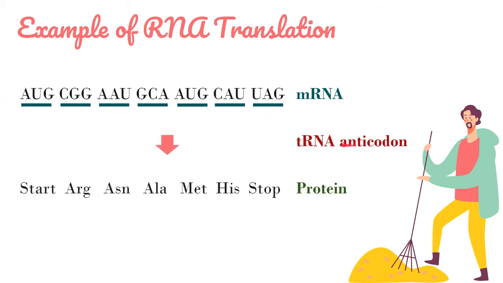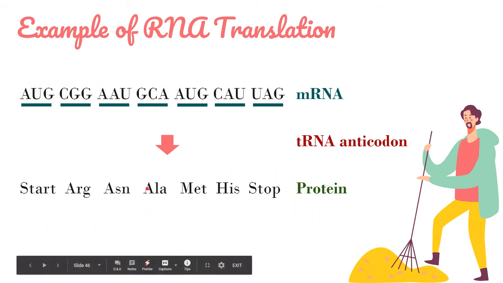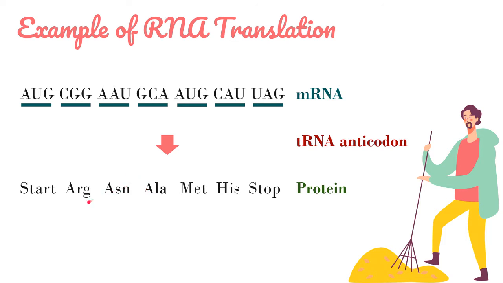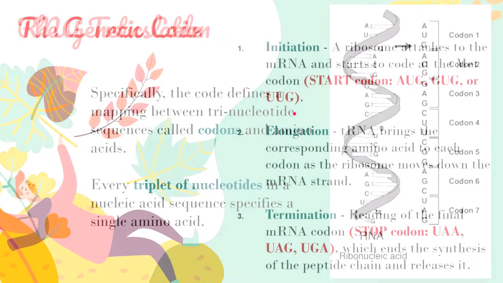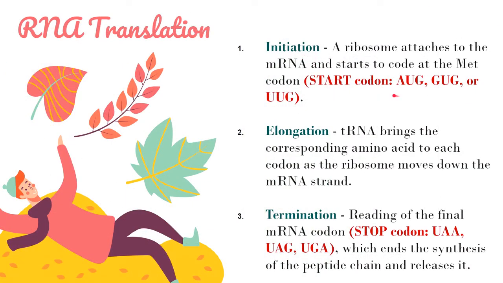A tRNA anticodon will be attached to these mRNA codes, and then they will bring the appropriate amino acid into the amino acid chain. So when you see the codon AUG, that is actually your start codon. AUG, when found at the beginning, activates the start of the amino acid chain. So if you still remember, you have your start codon, AUG.